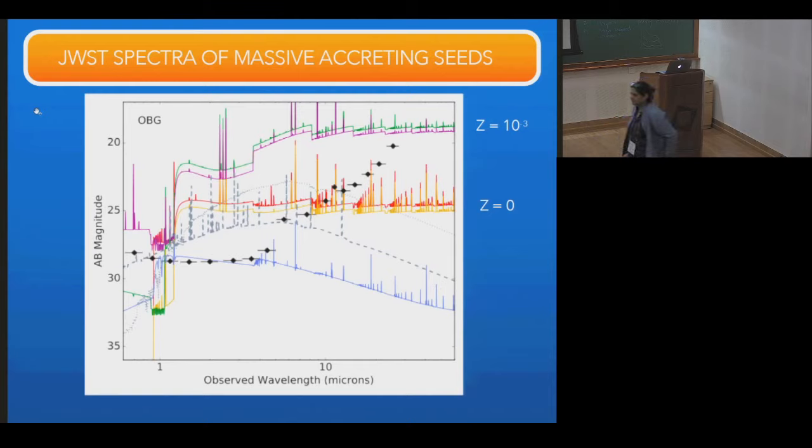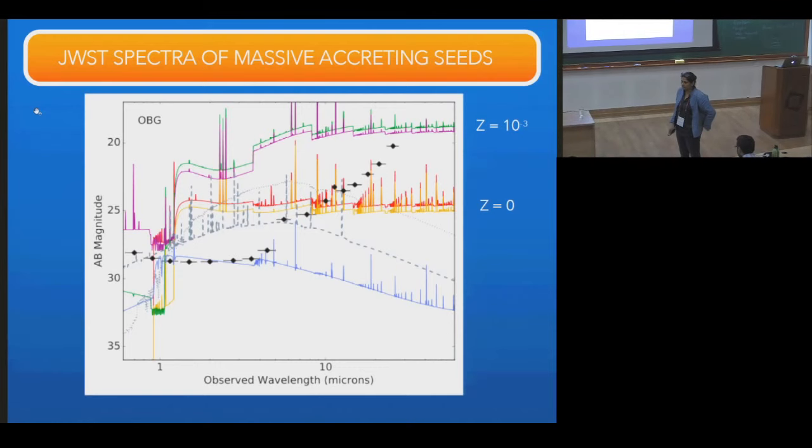For DCBH, the halo has to be very massive, about 10^8 to 10^9 solar masses. They are rare halos. They are high 5-sigma peaks. You need a high virial temperature, and you can only have that virial temperature for a higher mass, which means those objects will just be rarer.